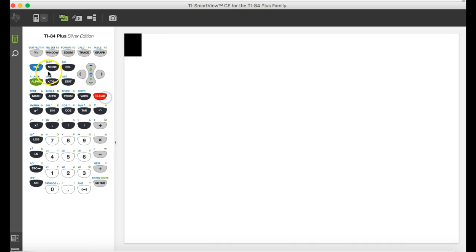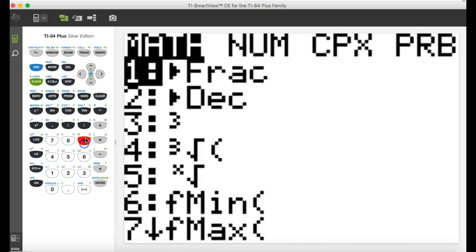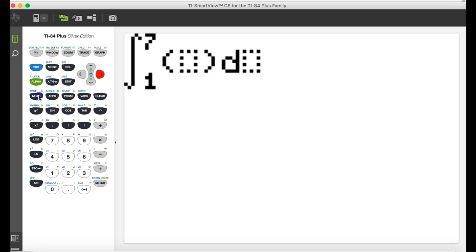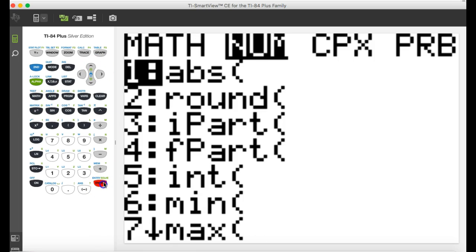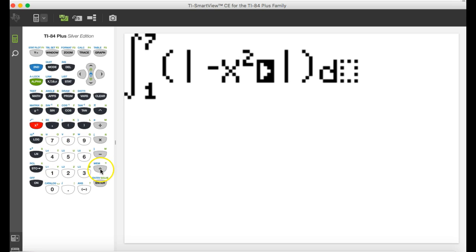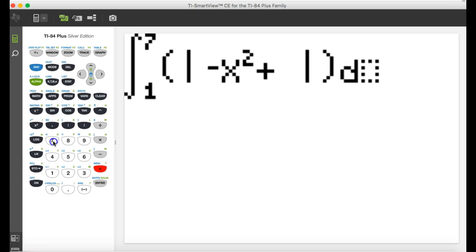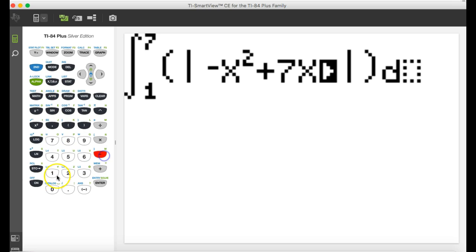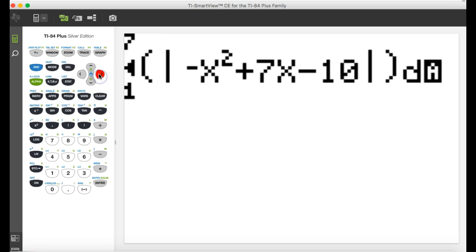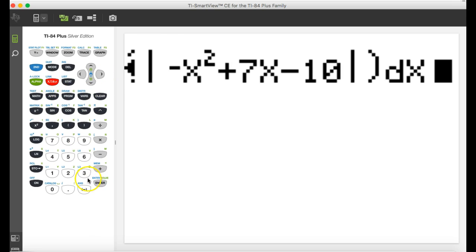So math 9, the integral from 1 to 7 of the absolute value of that same function, negative x squared plus 7x minus 10 dx.